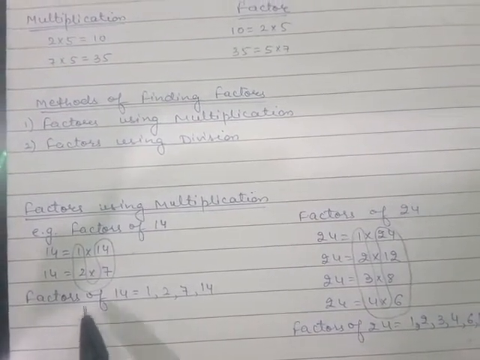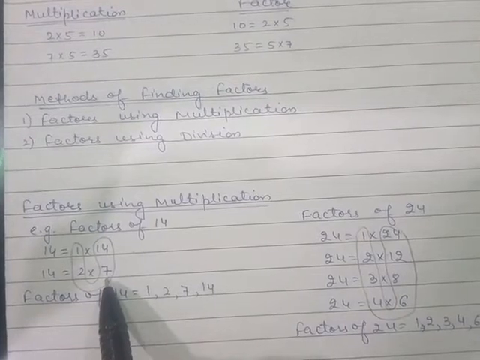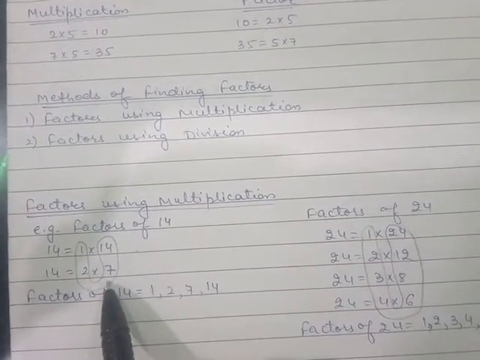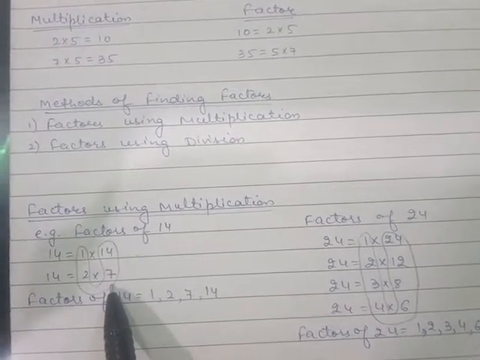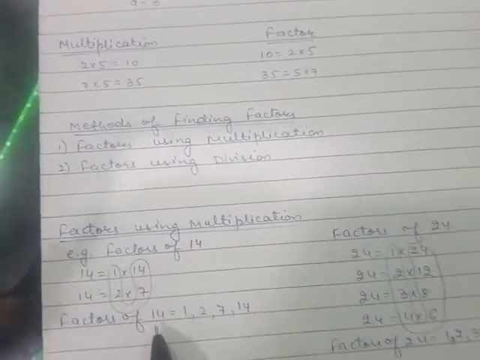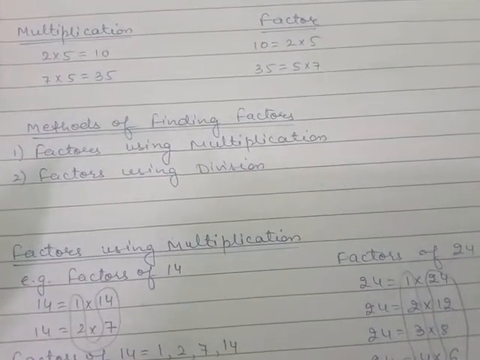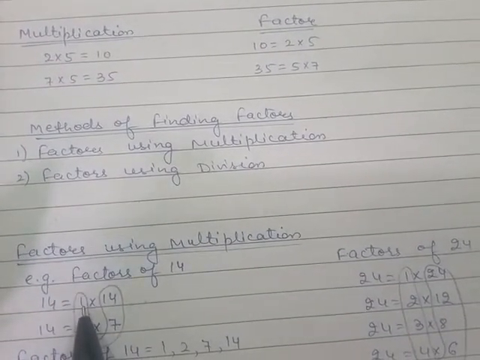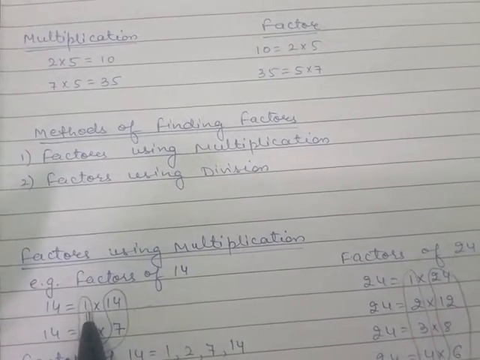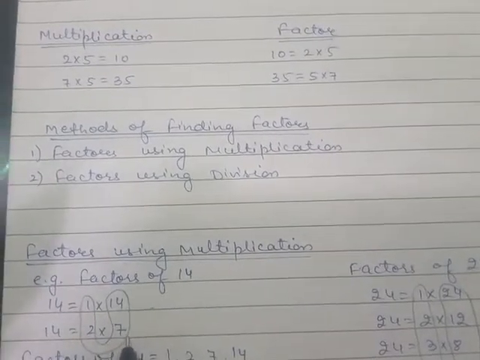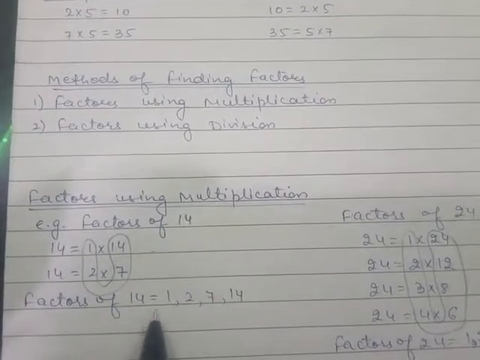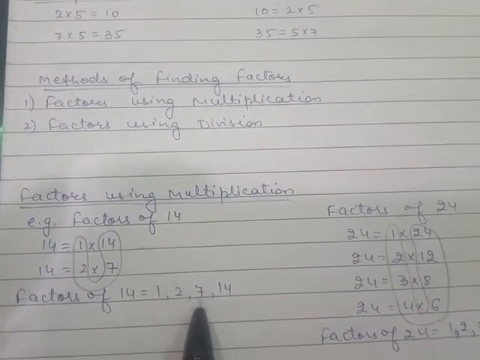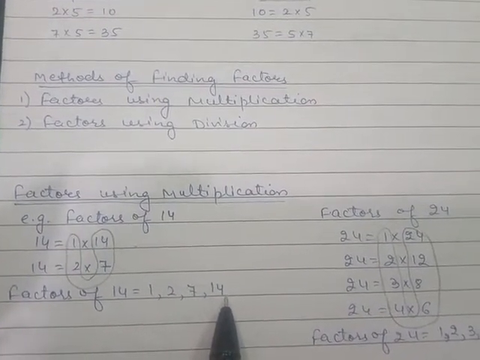After 6, 14 will come in the table of 7 only, but we will stop here because we will not repeat the step. Now we write the factors of 14: first factor is 1, then 2, then 7 and then 14. So factors of 14 are 1, 2, 7 and 14.